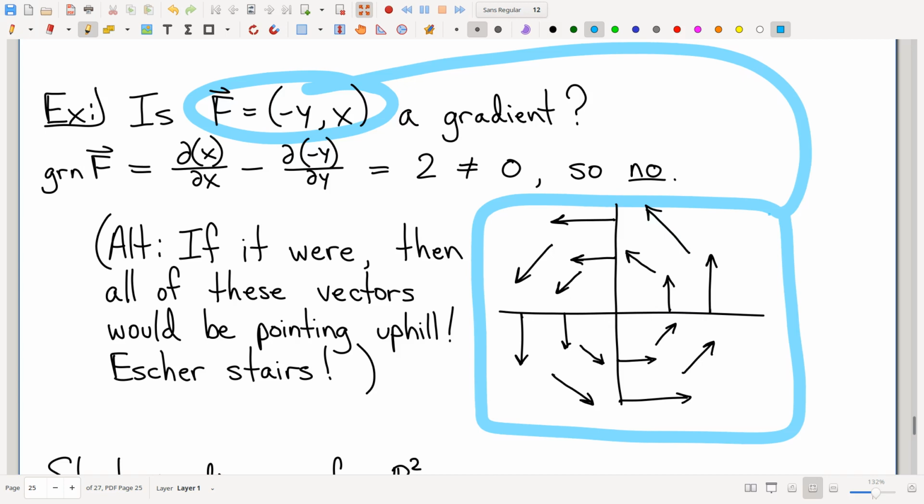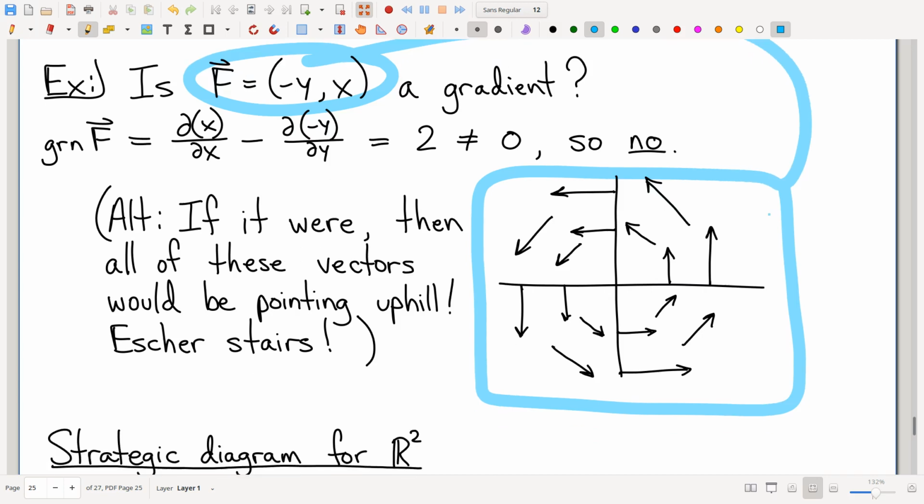So is it possible that these vectors could all point uphill? Well, of course not, because then as I go around, uphill, uphill, uphill, uphill the whole way around, I've been going uphill the whole way, but I'm back to where I started. And that's not possible. It's basically just a sort of equivalent to the idea of Escher stairs.